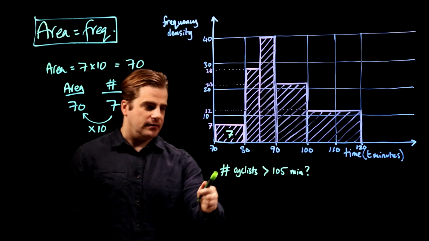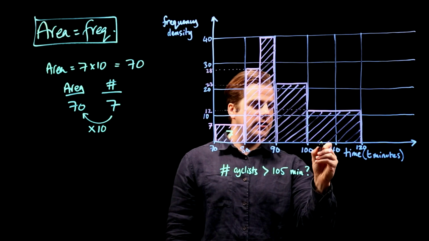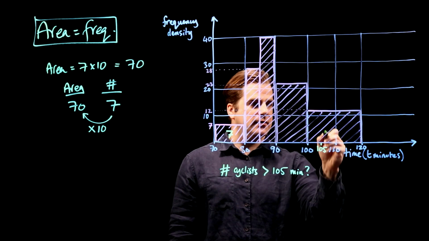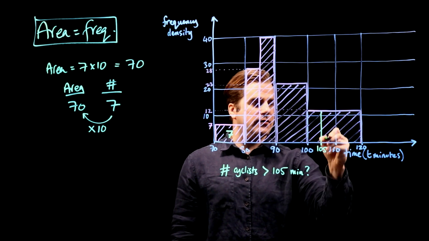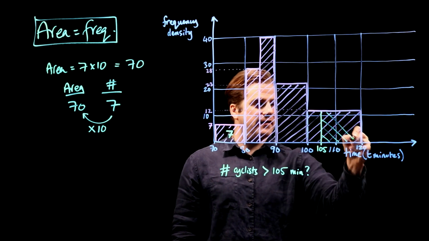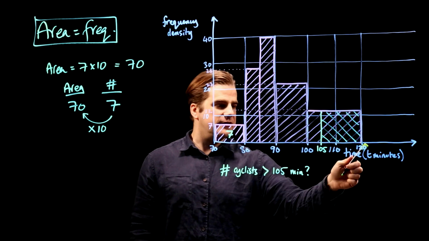Right, so now we can answer the question. Number of cyclists greater than 105 minutes. Well, 105 is there. So what's the area that we're interested in? It's that area there, which is width times height.